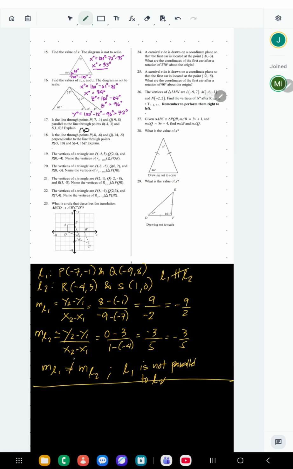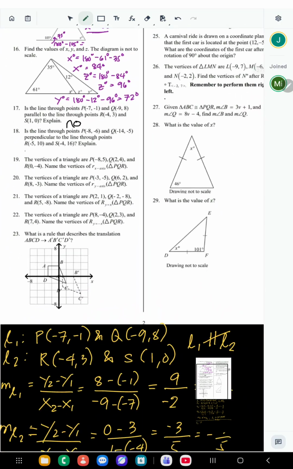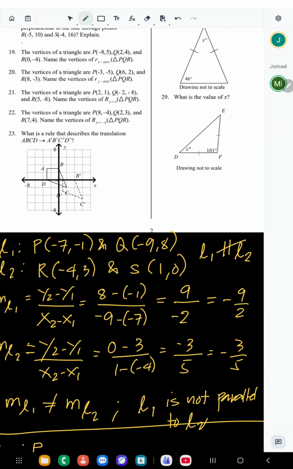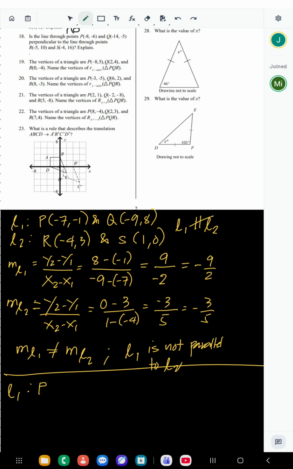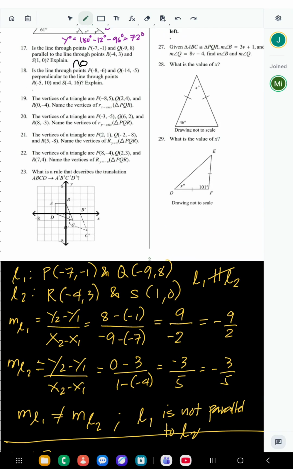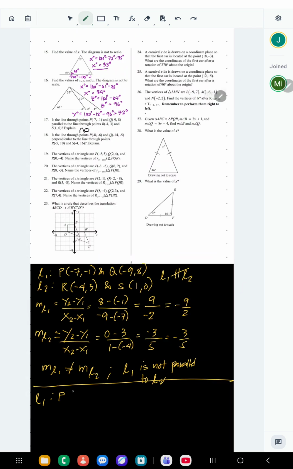Number 18. So the points, line 1, point P is (-8, -6), and Q is (4, -5). No, that's 19. Because it's too small, I have to zoom it in. Q is (4, -5).